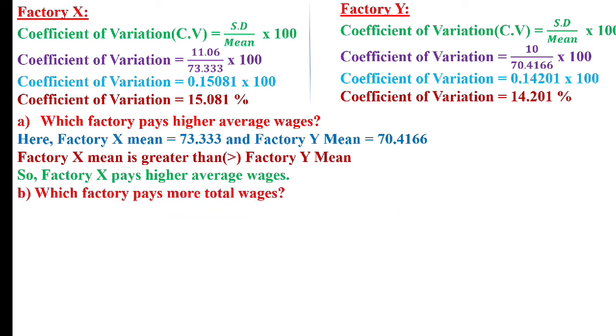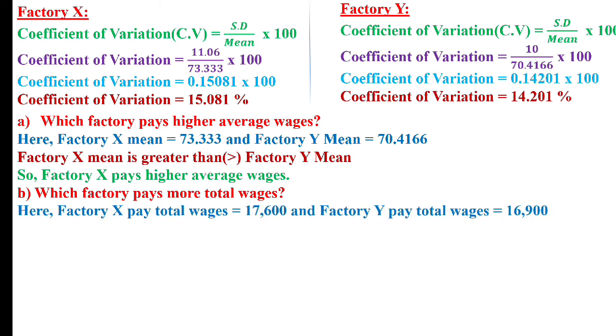Then, which factory pays more total wages? Factory X pays total wages of 17,600. Factory Y pays total wages of 16,900. So factory X pays more total wages, because the total wages which is more, that we will get.